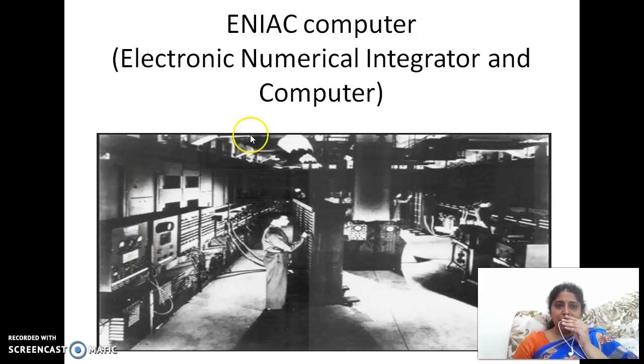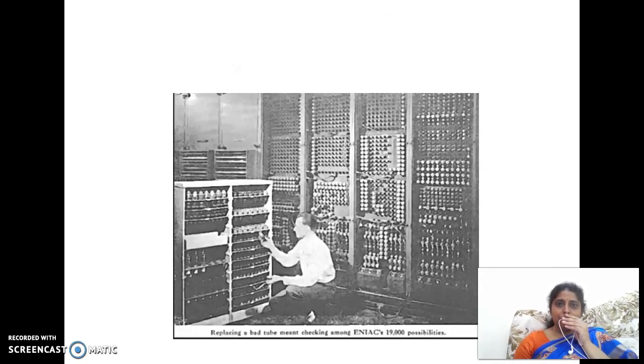Here we can see it's a very huge structure, and the person is operating it. It has very limited features. Though it is huge, the features are very few when compared to the portable palm tops we have now, having too many features. That is the beauty of advancements in electronics.